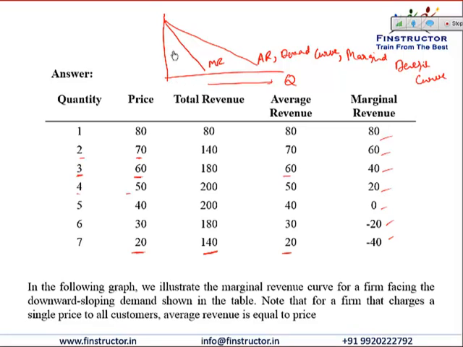So as quantity increases, the fall in the marginal revenue is much sharper as compared to the average revenue. And that's because as you increase the quantity, you take a price cut not just for the incremental quantity, but also for your existing base, which reduces your marginal revenue. We even saw the marginal revenue can become negative after a point in time.